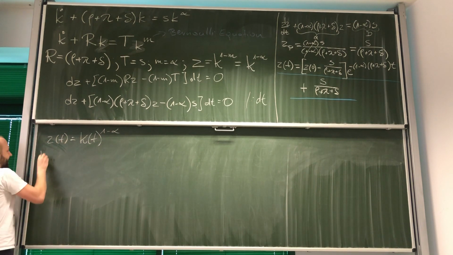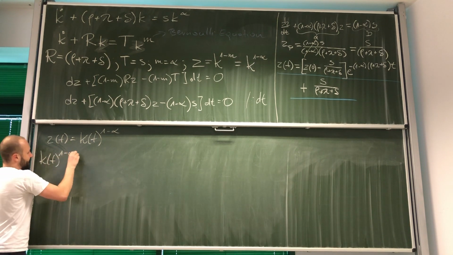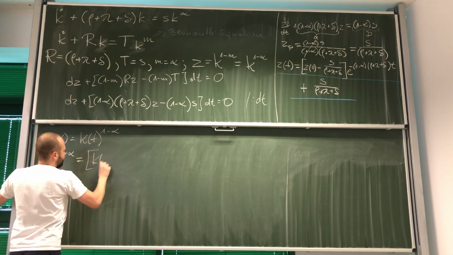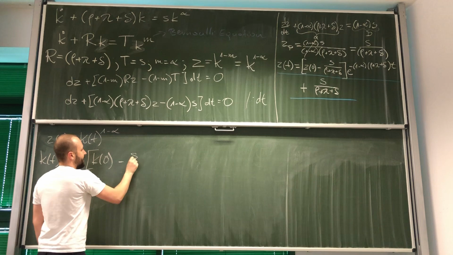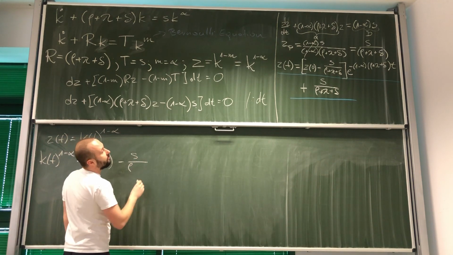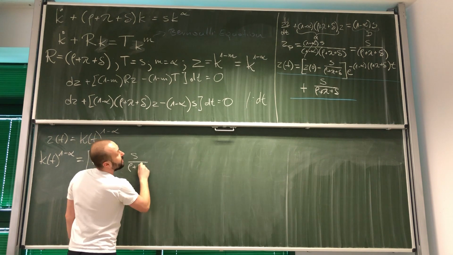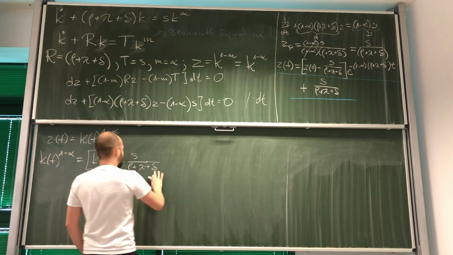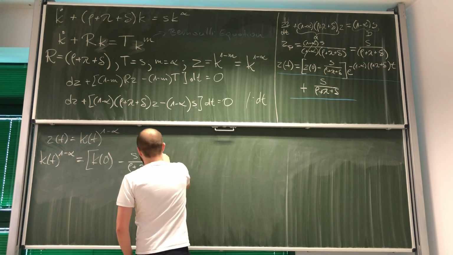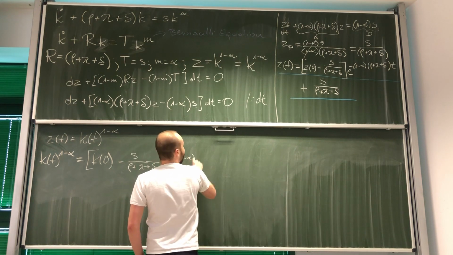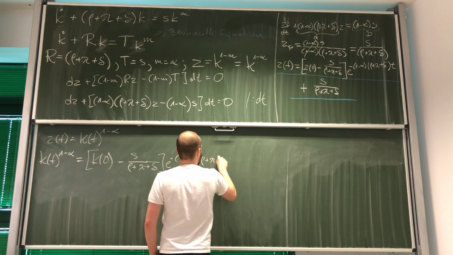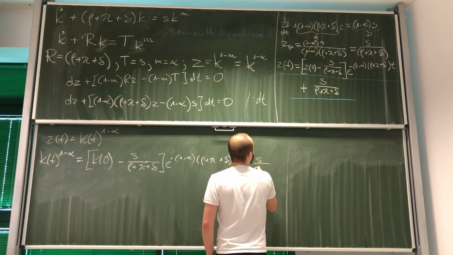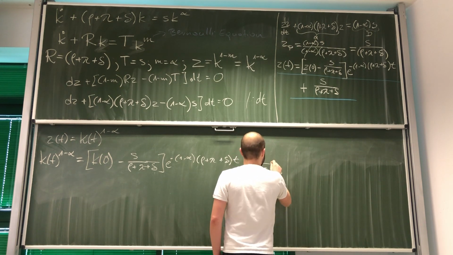So we get that k of t to the power 1 minus alpha is equal to k0 minus s over rho plus lambda plus delta, times e to the power negative (1 minus alpha)(rho plus lambda plus delta) t, plus s over rho plus lambda plus delta.